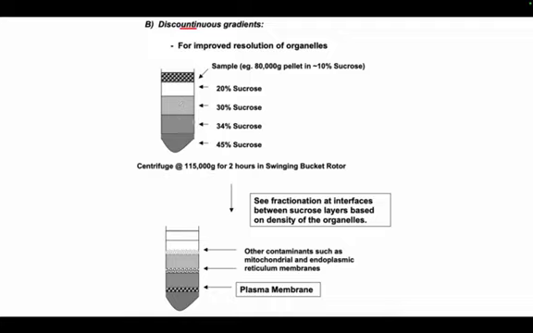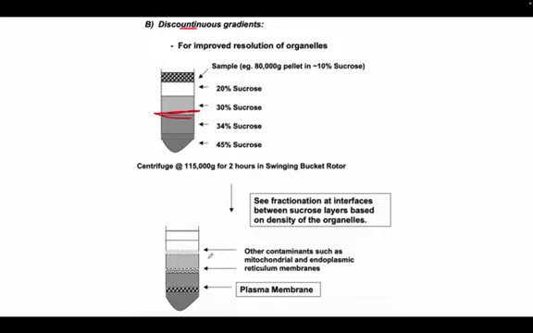Say the isopycnic point of my sample was at 32% sucrose, but there's not going to be any 32% sucrose point in this gradient. Instead, my sample is just going to form a layer over here above the 34% sucrose layer. So we see fractionation at interfaces between sucrose layers based on density of organelles. So this is a good way to improve the resolution of the layers.